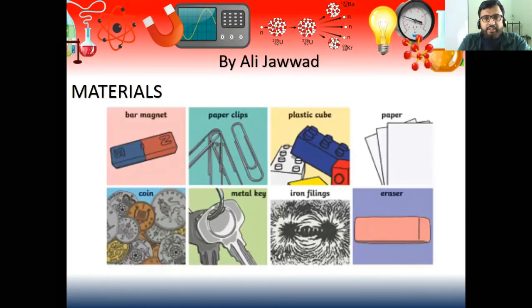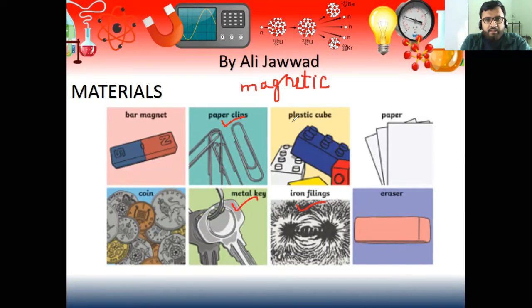In this figure, you are observing different materials. The paper clip, these metal keys and iron filings are magnetic in nature because they get attracted towards the magnet. So they are magnetic materials. While plastic cubes, paper and eraser are non-magnetic materials because they do not get attracted towards the magnet.